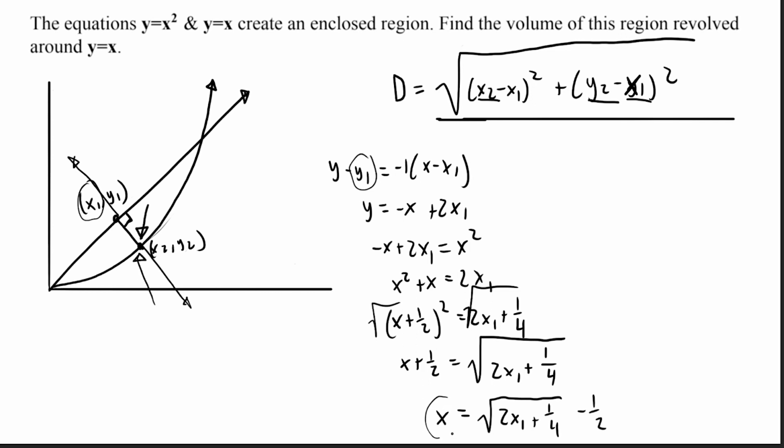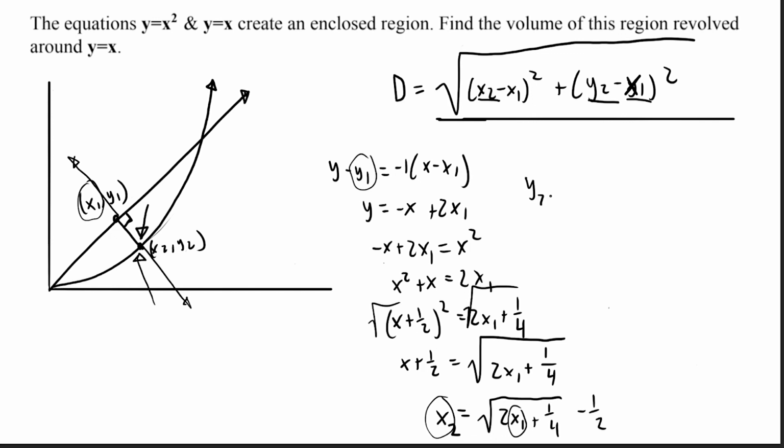This x is the x where the variable perpendicular line, since it can change, and the curve y equals x squared equal each other. And because of this, this x is x2. So now we have x2 in terms of x1, and we can also get y2 in terms of x1, since y2 is always just going to be x2 squared. So let me write that out.